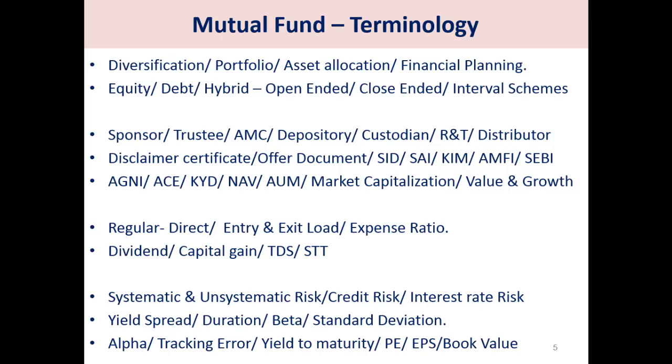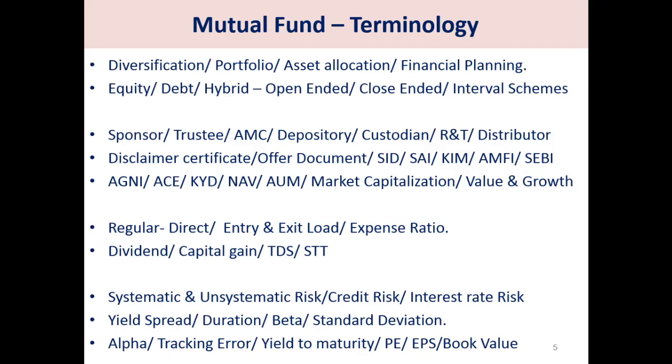So their dividends are subject to TDS. So dividend, capital gain, TDS. Otherwise, mutual fund does not deduct TDS for ordinary resident individuals, but in these two cases they do deduct TDS. Then STT, these are the taxes applicable on the equity segment when they buy and sell. So all these areas will come into discussion.